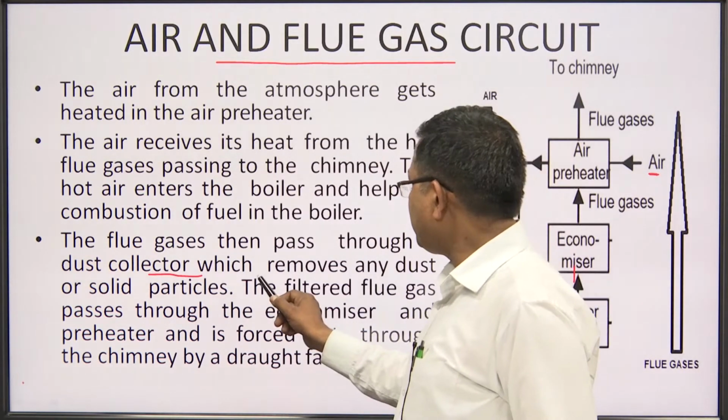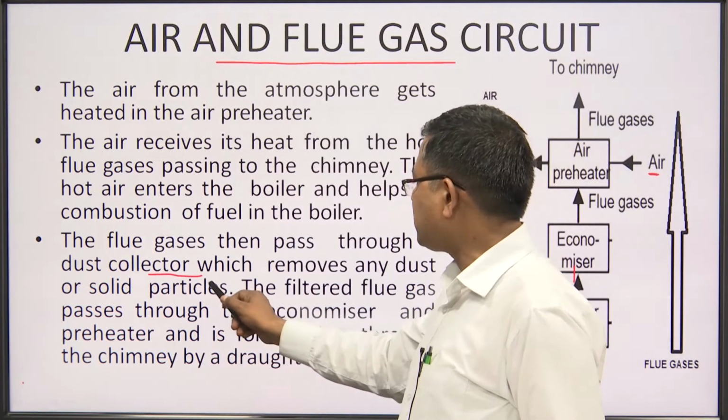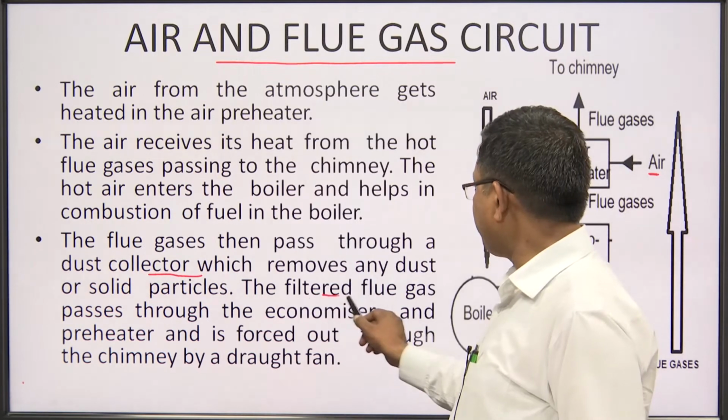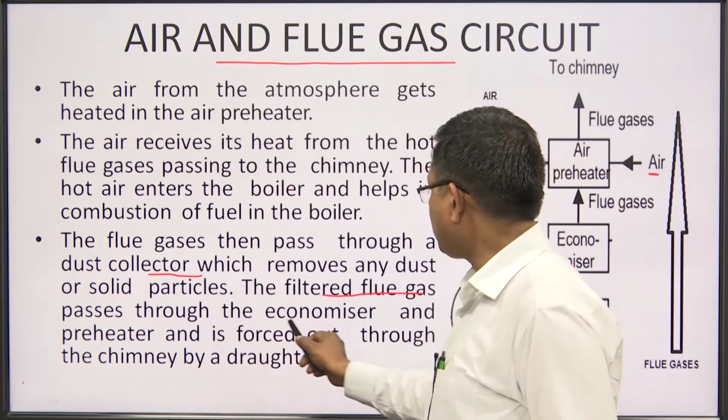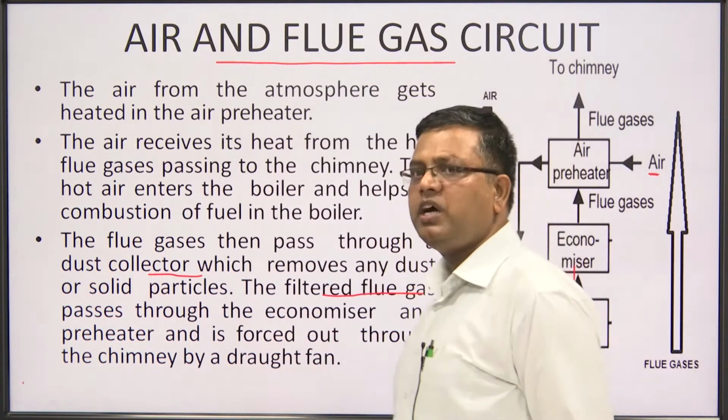So, that is why we pass it through a filter, or a dust collector, where all the dust particles are removed. The filtered flue gases pass through the economizer and preheater and are forced out through the chimney by a draft fan.